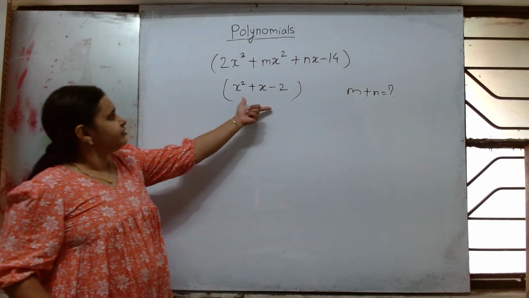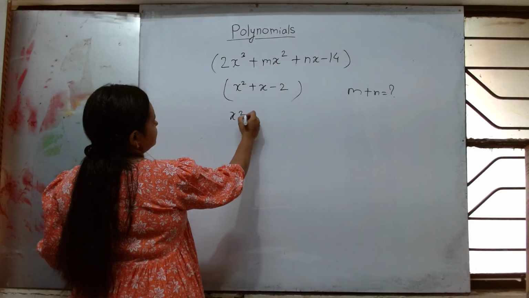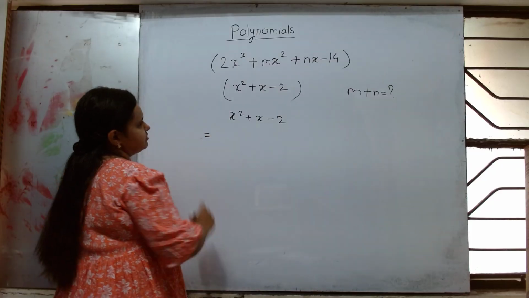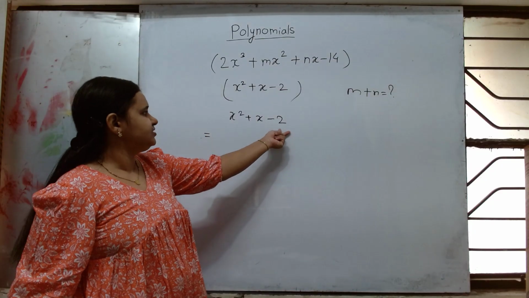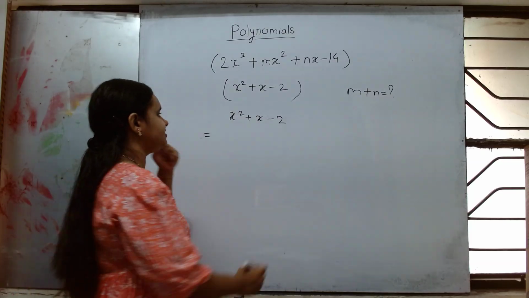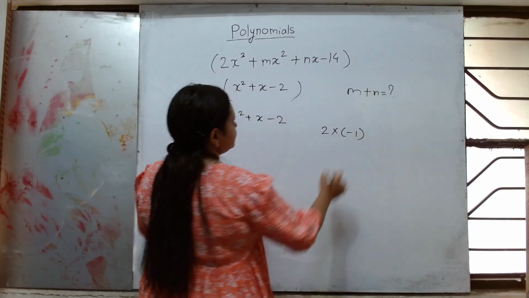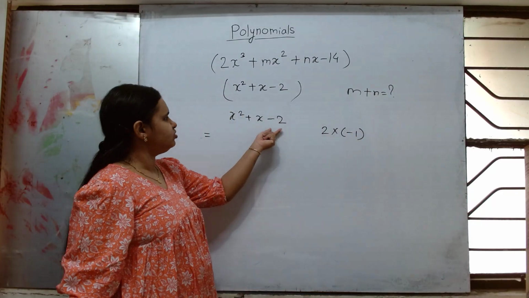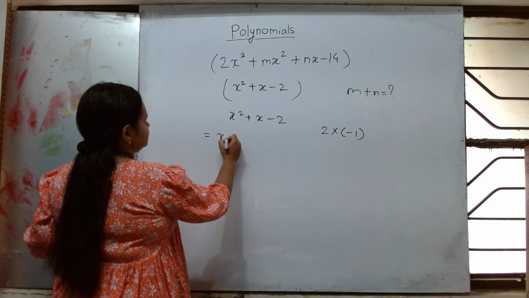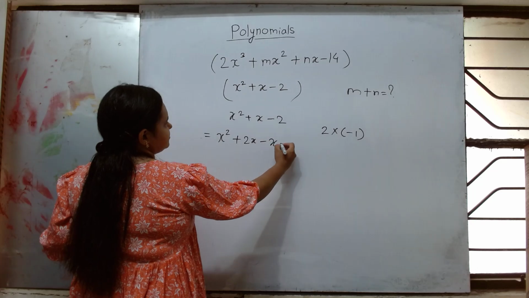Now, we will first find the factors of the divisor. It will be whose multiplication is minus 2 and addition is plus 1. Okay. So, it will be 2 into minus 1. 2 into minus 1 is minus 2 and 2 minus 1 is 1. So, x square plus 2x minus x minus 2.